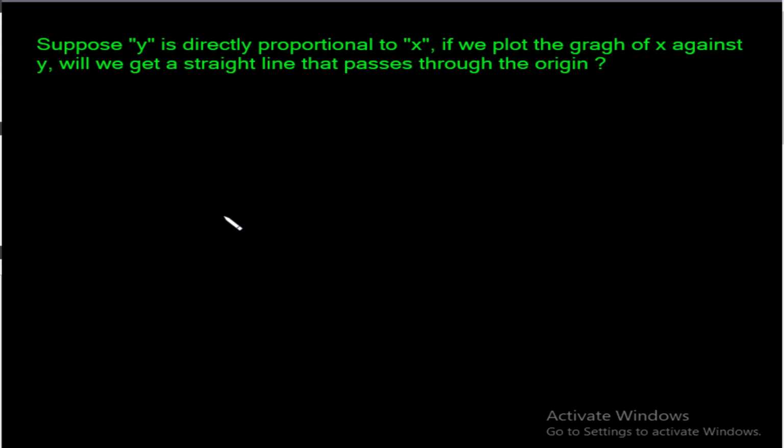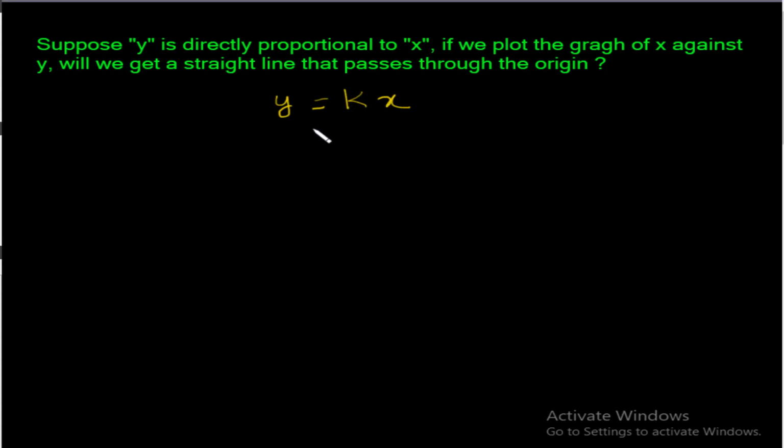Here is why. As I told you, when we say y is directly proportional to x, it means there is a constant k such that y = kx. This equation indicates that as x increases, y increases proportionally, maintaining a constant ratio of k.